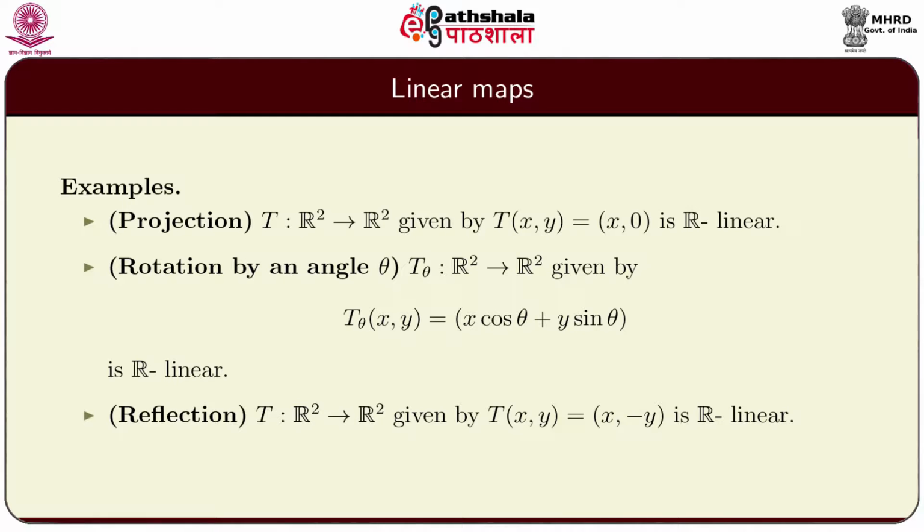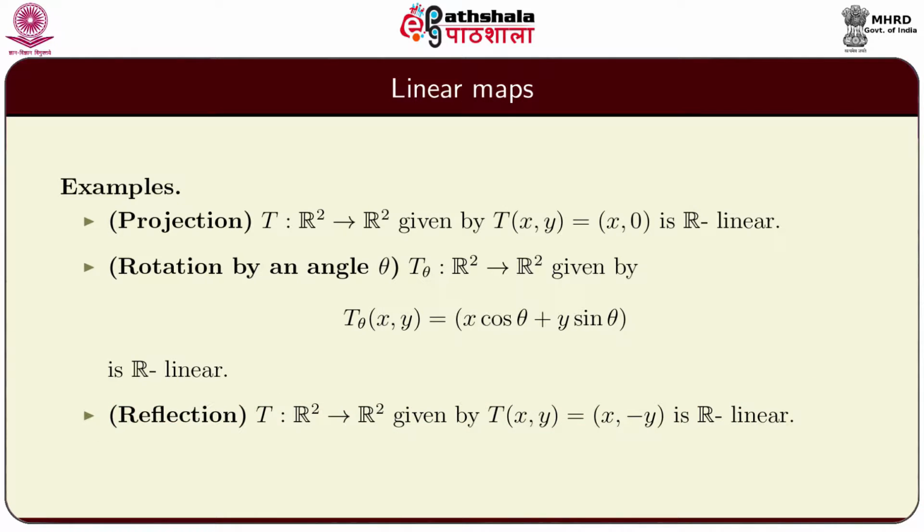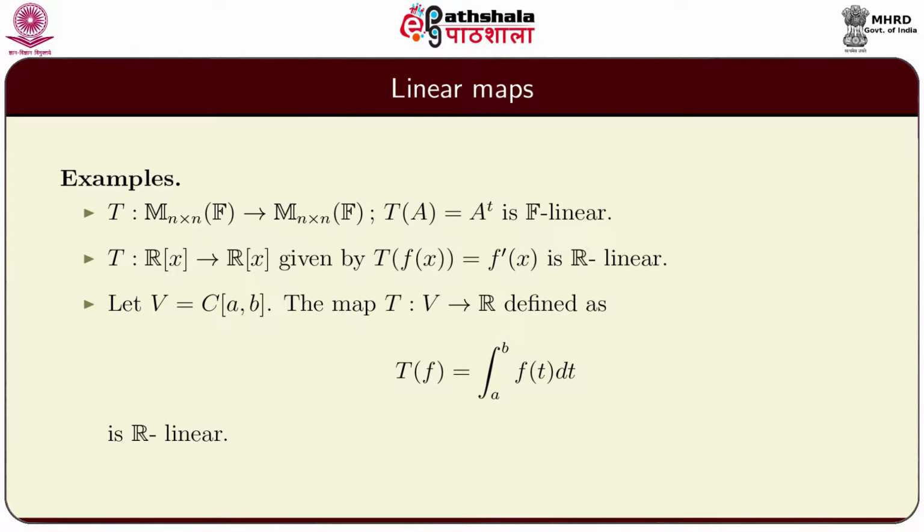The third example is the reflection operator T from R2 to R2 given by T(x, y) = (x, -y). This is also R-linear, and this is reflection with respect to the x coordinate. Some more examples.